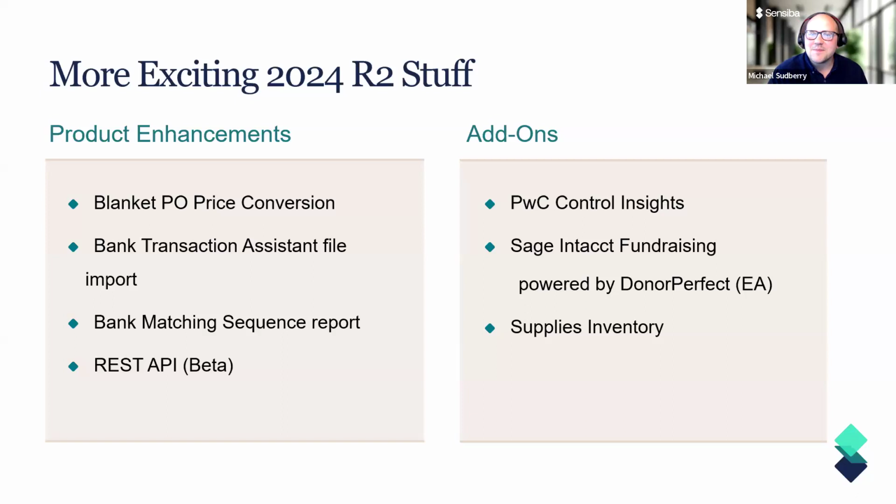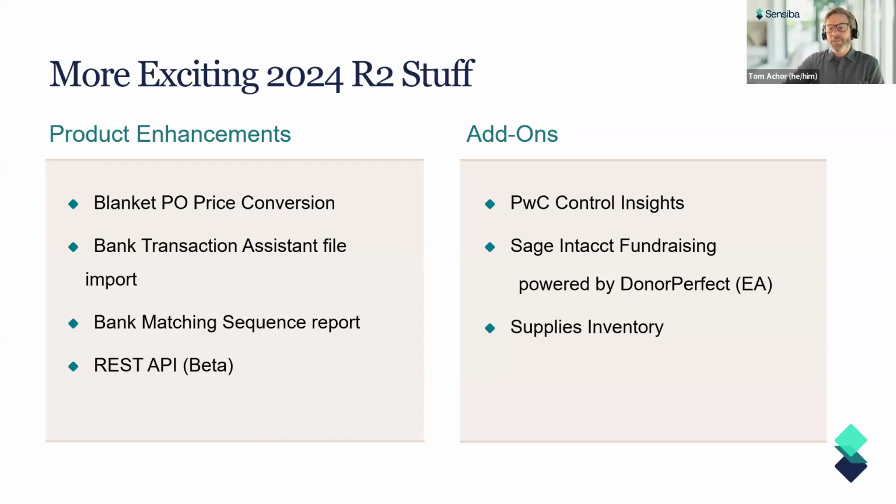Tom, do you want to hit some of the other highlights? Some other highlights that we didn't go over in detail today. Blanket PO price conversion, that basically means that if you have purchasing, you can add an item that is based on price rather than quantity. So let's say you have a PO for professional services you're going to draw down over time.